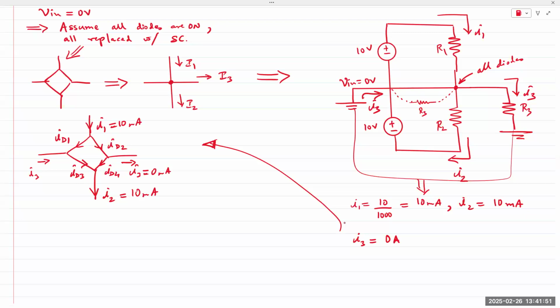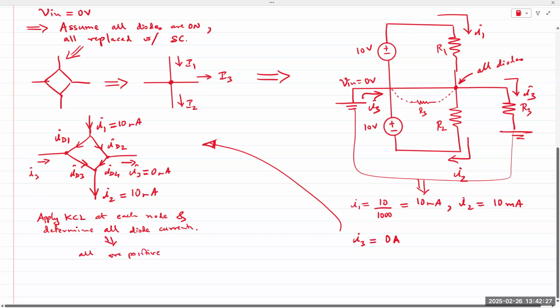So if you apply KCL at both of these nodes and determine all diode currents, the result would be that all are positive.